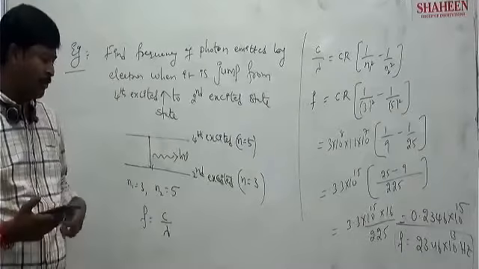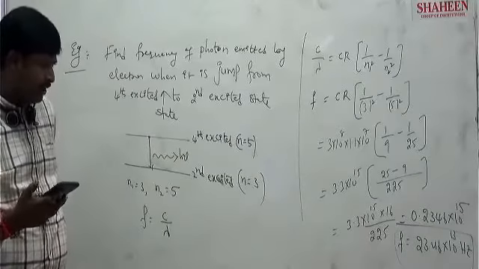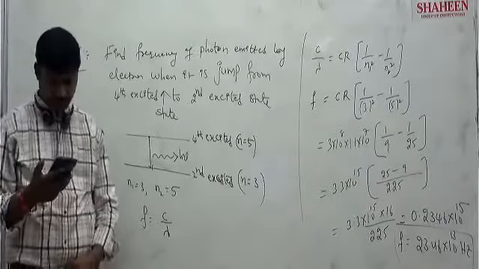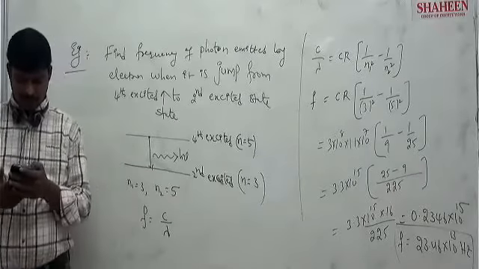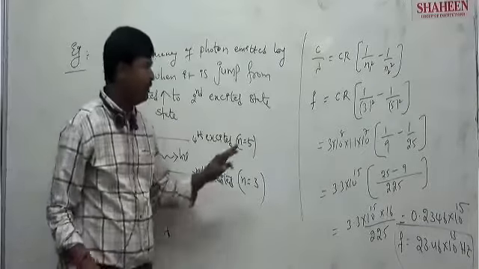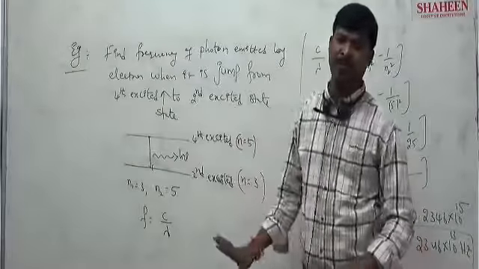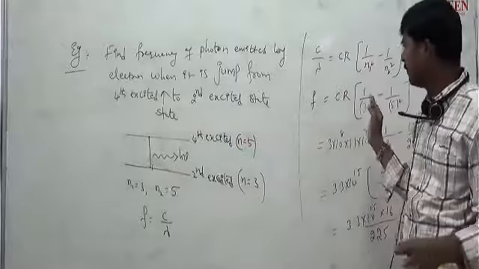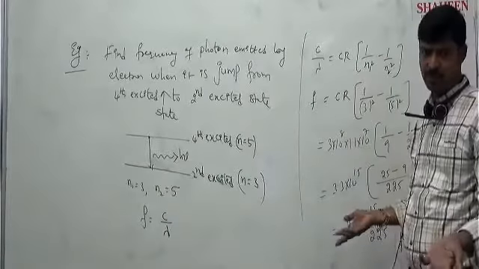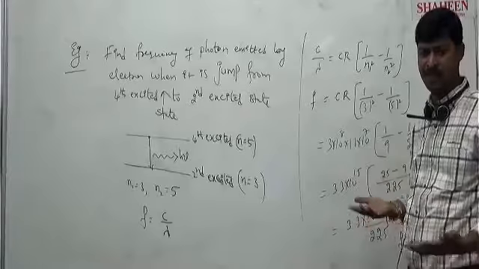Whatever, 0.23 into 10 to the power of 15 or nearly 23.46 into 10 to the power of 13, that's correct only. So is it clear, that question you understood? See, no need to remember again the formula for frequency. Just remember the formula of lambda, 1 by lambda; automatically multiply with c, we can get it. Because if you remember the formulas, so many formulas will come.